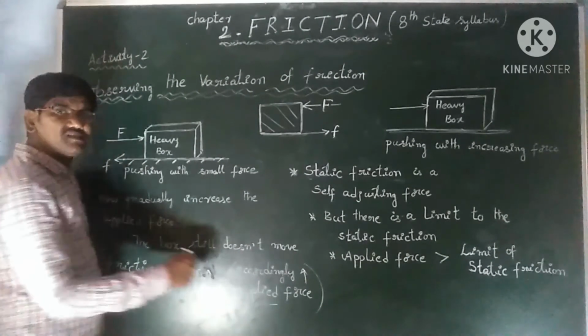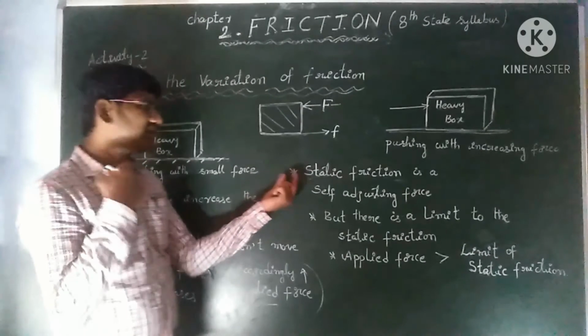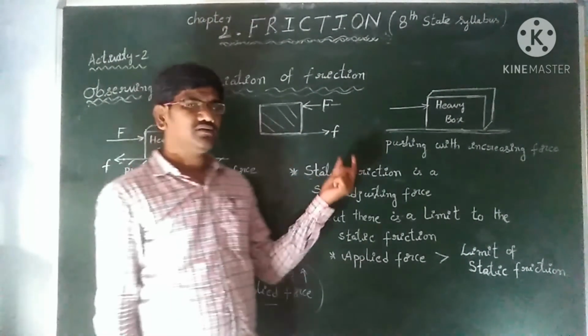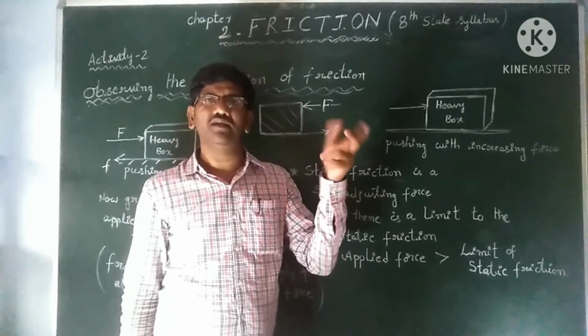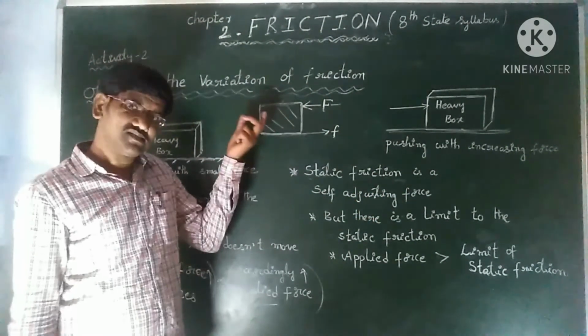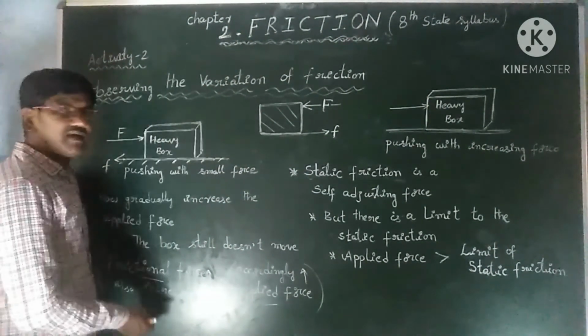Okay students, this frictional force also increases accordingly with the applied force and balances it, but that frictional force can increase up to a particular limit only. Beyond that it cannot increase. So it is self-adjusting; it adjusts by itself up to a particular limit.